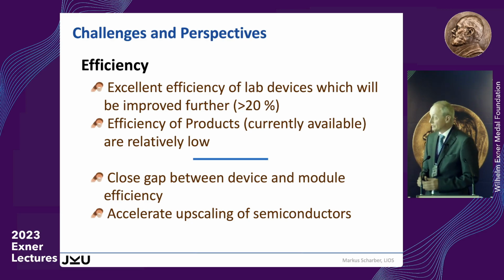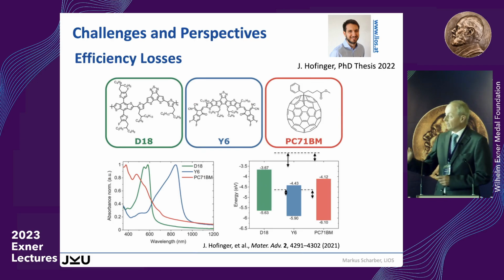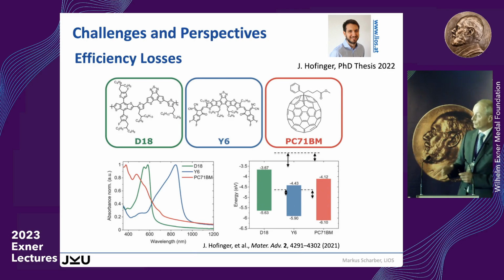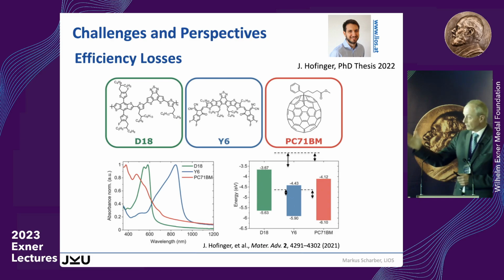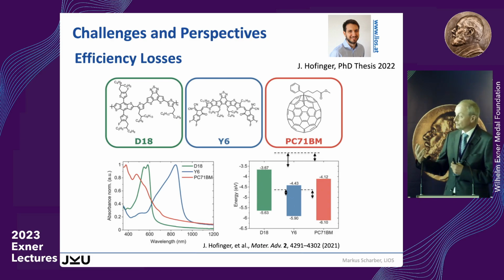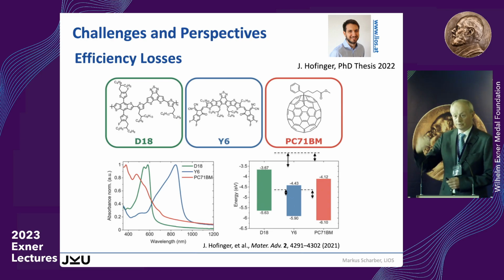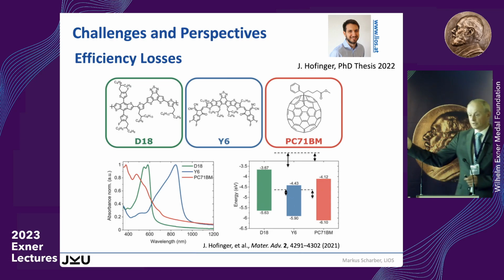However, just to show you one slide about our research, what is really, really interesting today is a PhD student who finished last year. Actually, he looked into D18. This is a donor polymer and 2 different acceptors, a non-fullerene acceptor and this classical fullerene acceptor. And the analysis shows we perfectly understand why the D18Y6 system gives us an efficiency of 17%, while the D18PC71BM shows only efficiency of 9%.